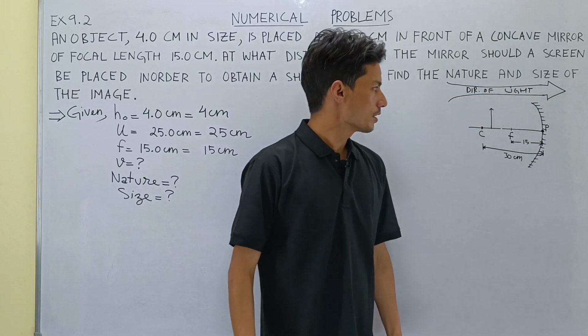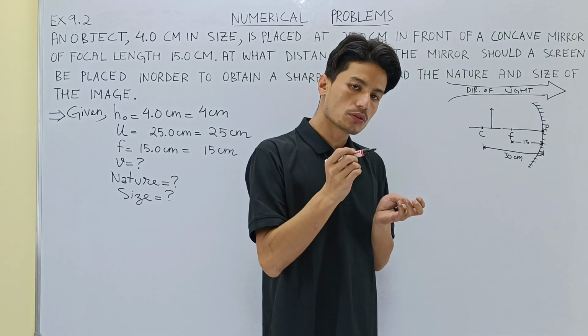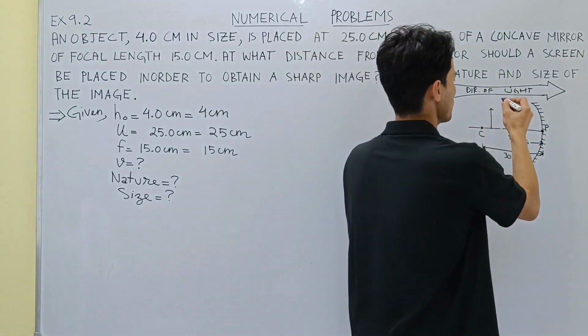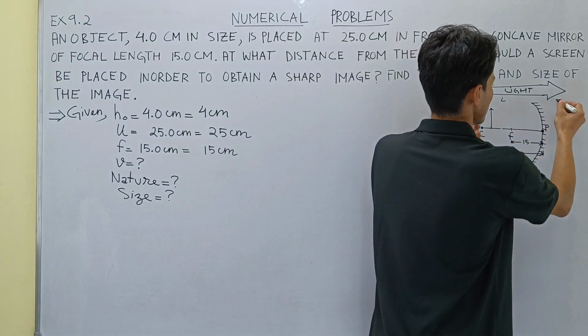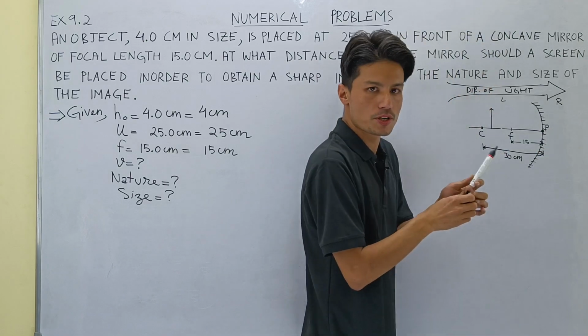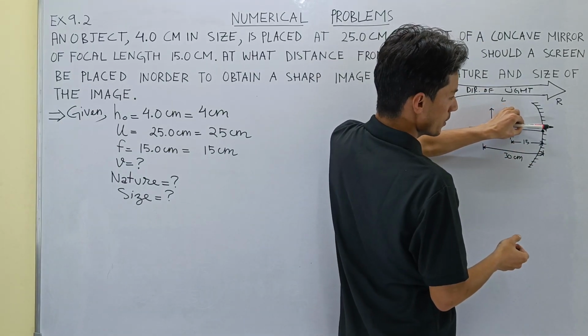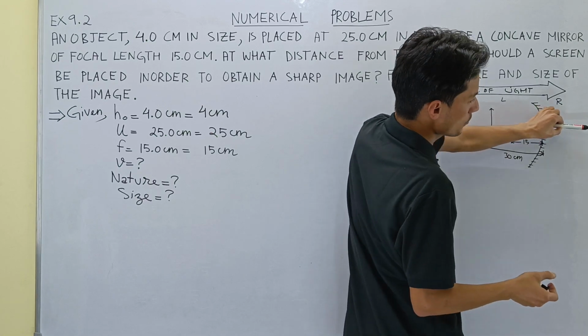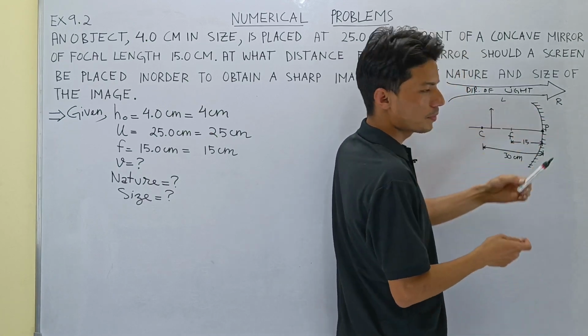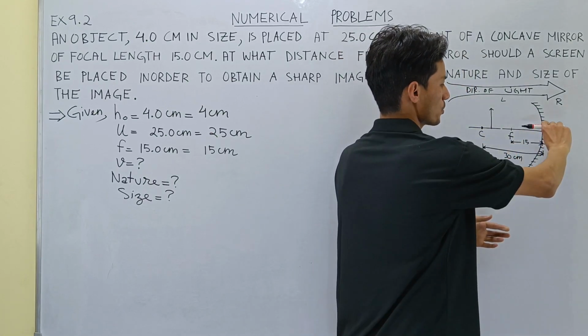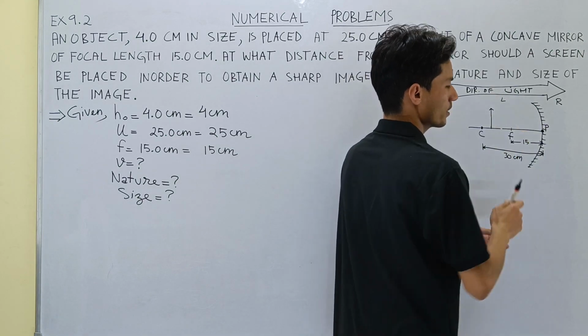Now remember this: measurements done along the direction of light, that means light is moving from left to right, so if the direction of our measurement is also along the direction of light, this will give us positive values. But if the direction of our measurement is opposite to the direction of light, this will give us negative values.